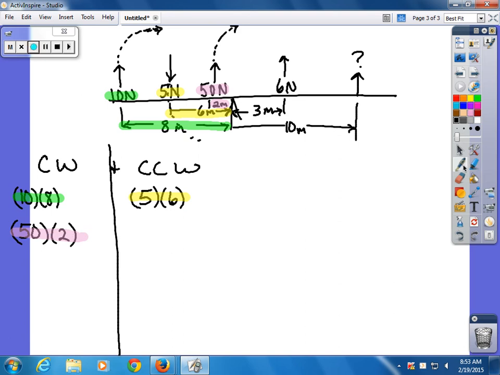Finish it out. You've got a variable in there, and that variable is what you're going to solve for.